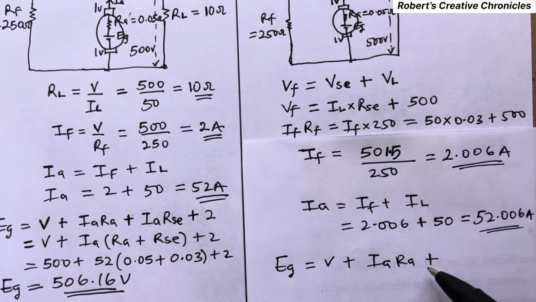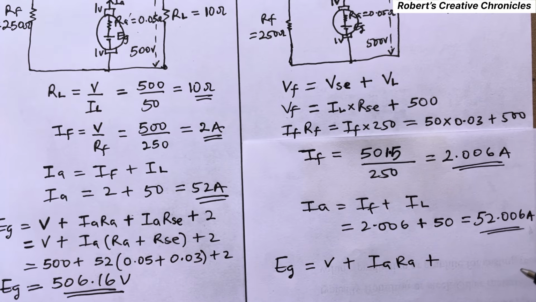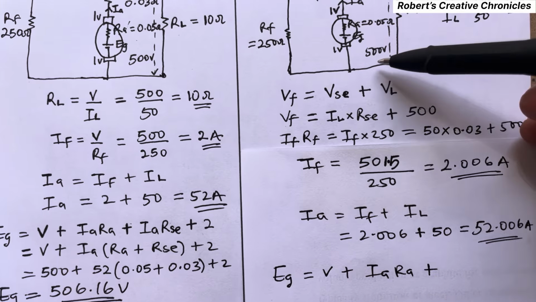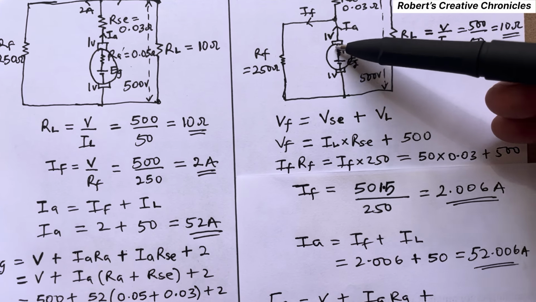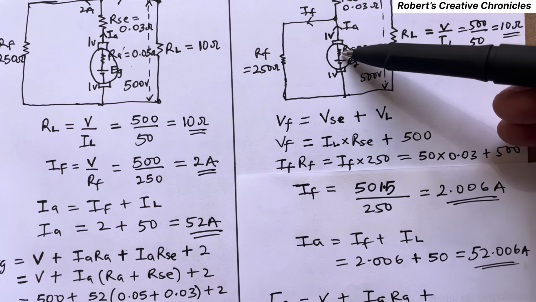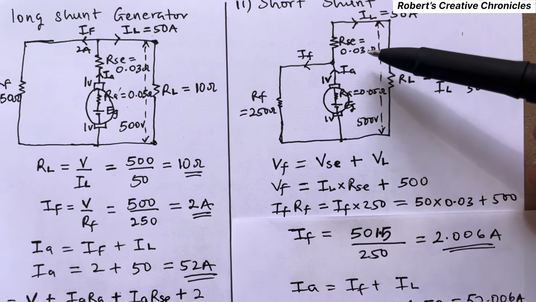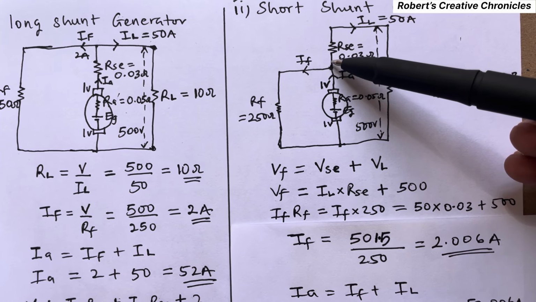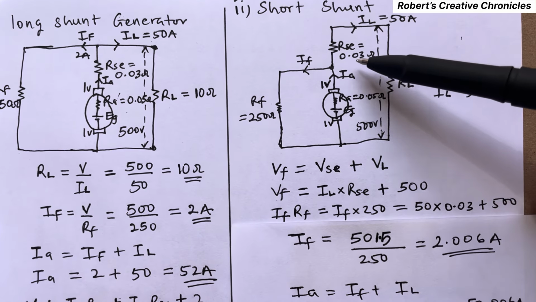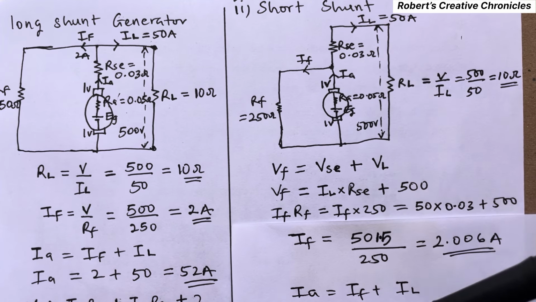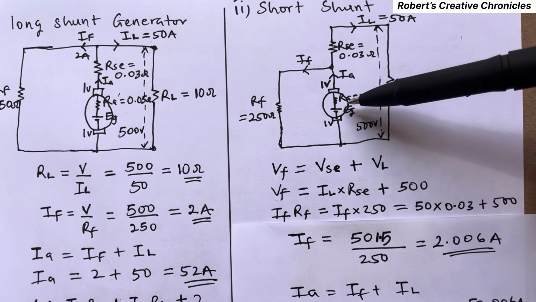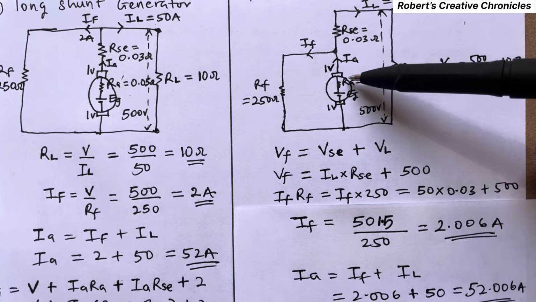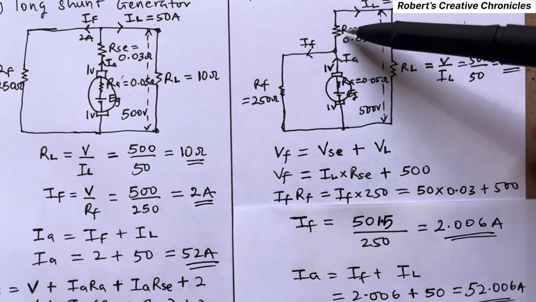Instead of IARA plus IARSE, this current IA only passes through RA, the armature resistance. Here it is IL that passes through RSE. So the formula now changes to IARA plus IL RSE.